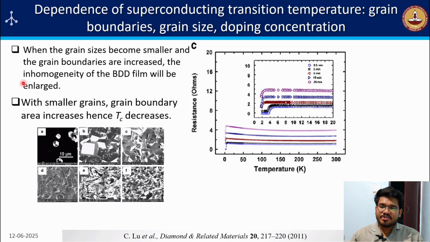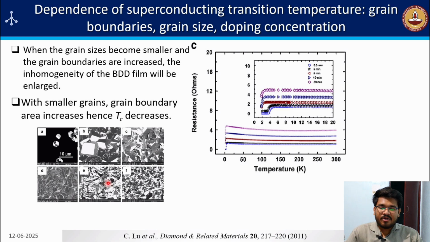So these reports show that when the grain size becomes smaller and the grain boundaries increase, the inhomogeneity in the BDD sample is enlarged. And because of this inhomogeneity, the superconducting transition temperature is affected. You can see this sample was grown at different times. Basically, with different deposition times your granularity can also change.